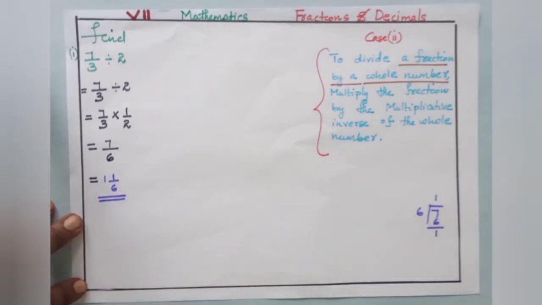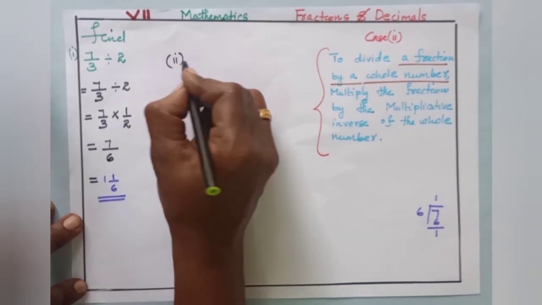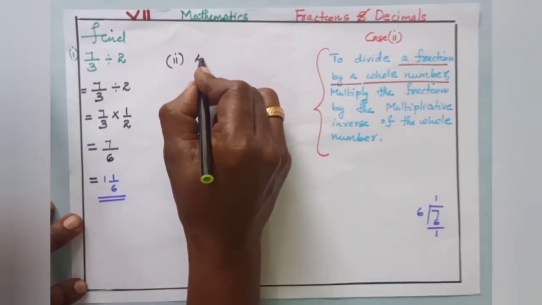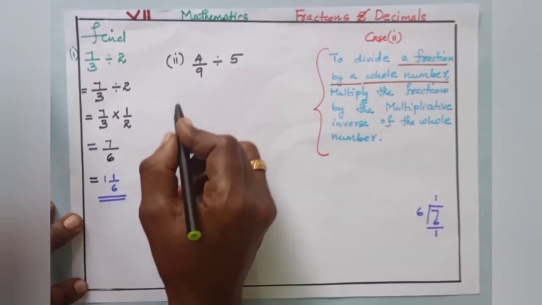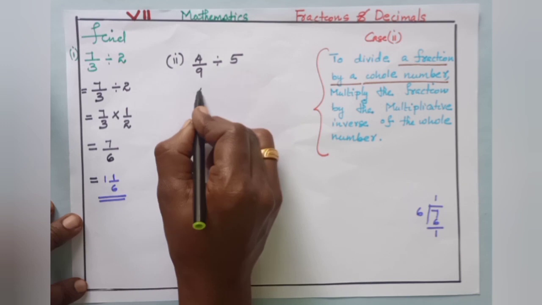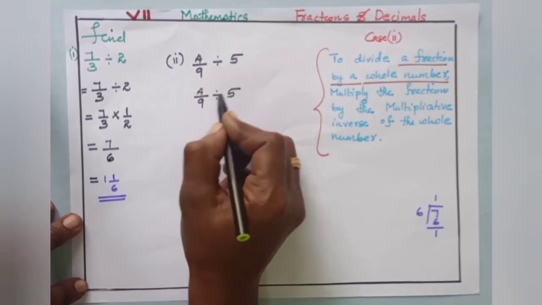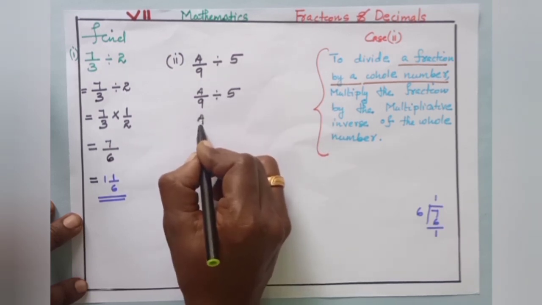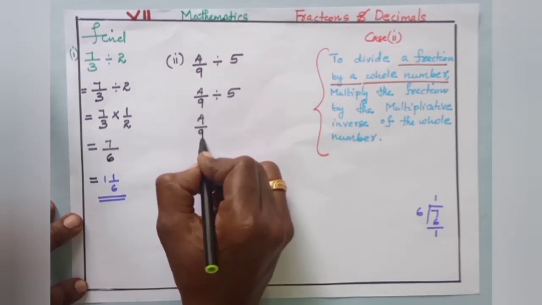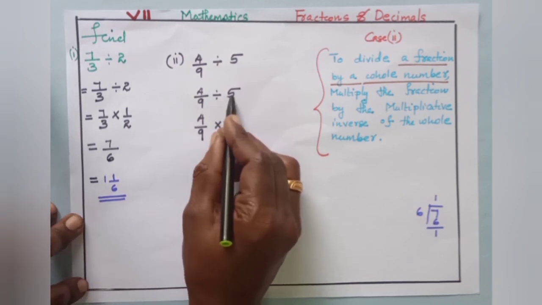Next question. 4/9 divided by 5. Question is 4/9 divided by 5. Fraction divided by whole number. So the fraction multiplied by the reciprocal of the whole number.